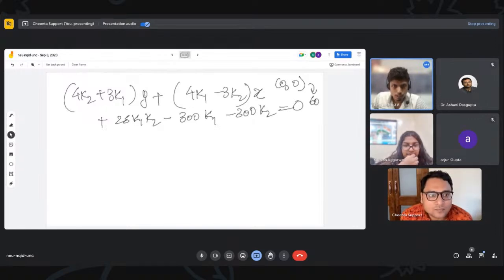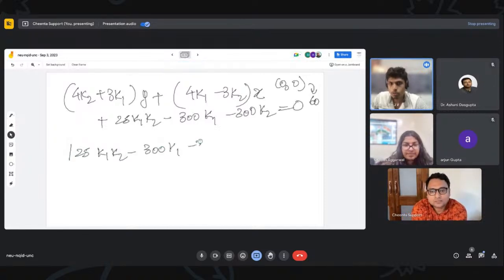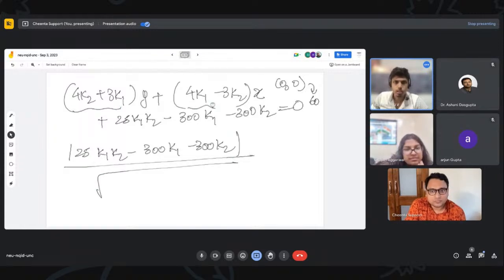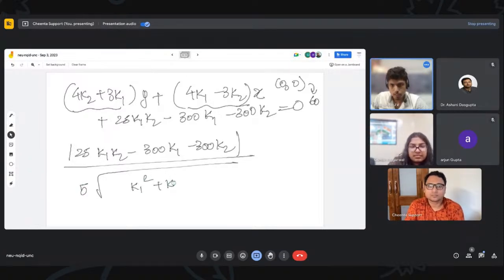You will get mod of (25 k1 k2 minus 300 k1 minus 300 k2) divided by under root a square plus b square. So under root of this coefficient square plus this coefficient square. So that will be, just calculating, you will get 5 taken common, k1 square plus k2 square, right? Is 60.